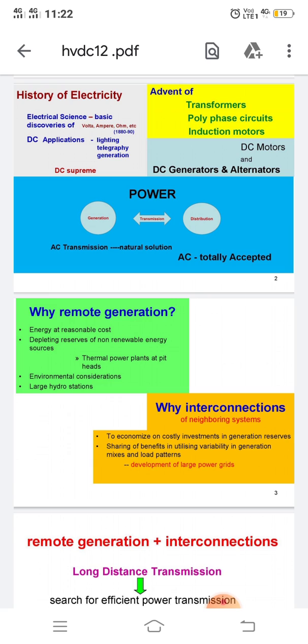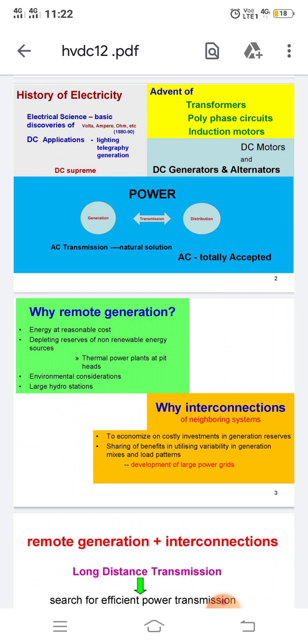This conversion is done in converter stations: a rectifier station at the sending end and an inverter station at the receiving end. So at the beginning of the HVDC, we have a rectifier station. That end is called the sending end. The other end of the HVDC is the receiving end, having the inverter station.